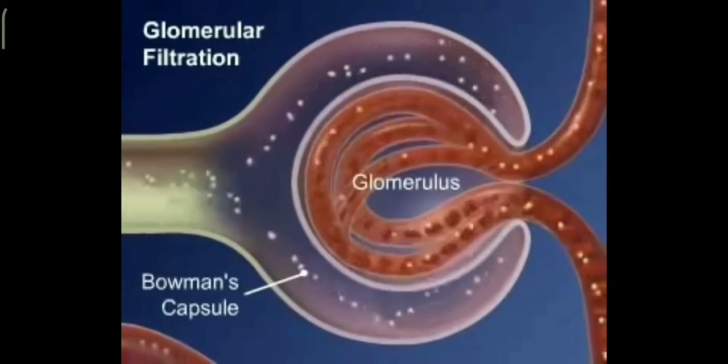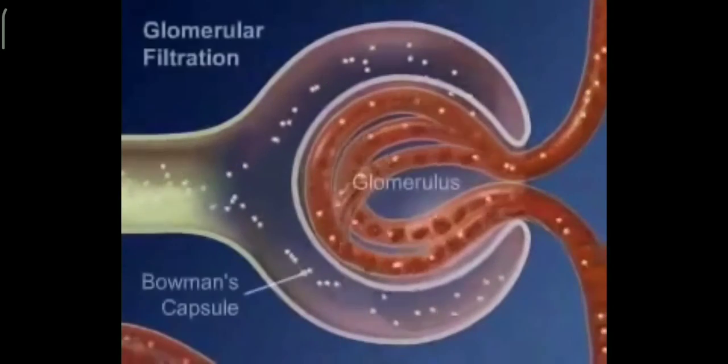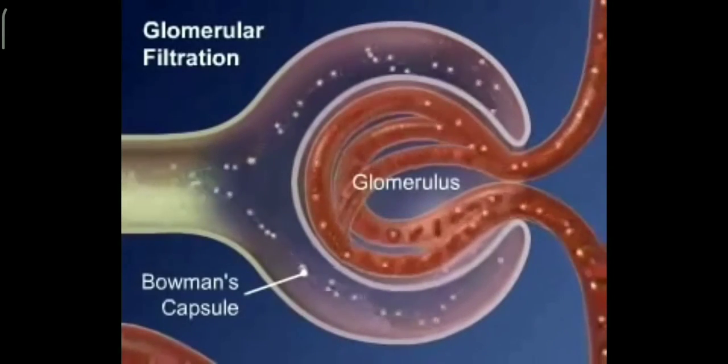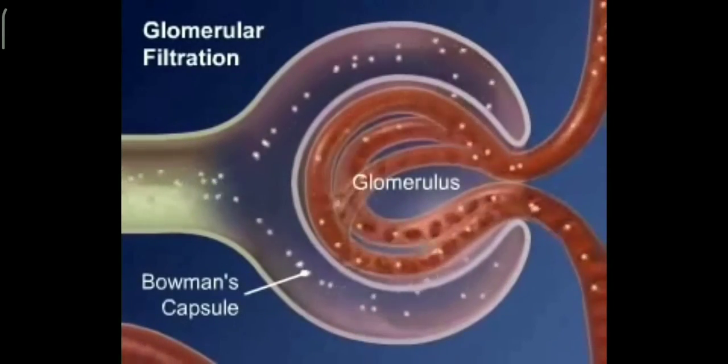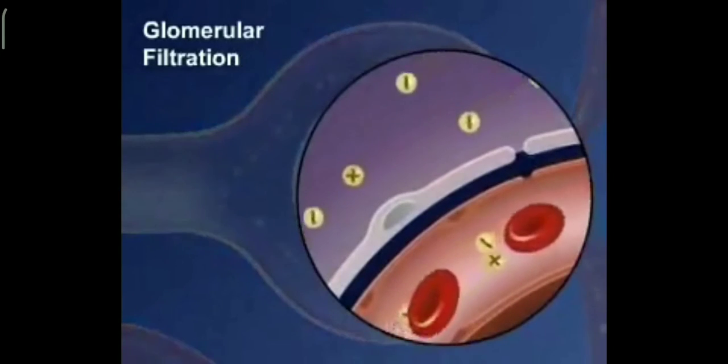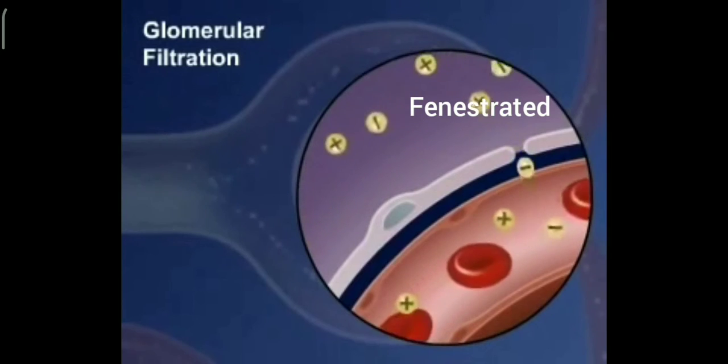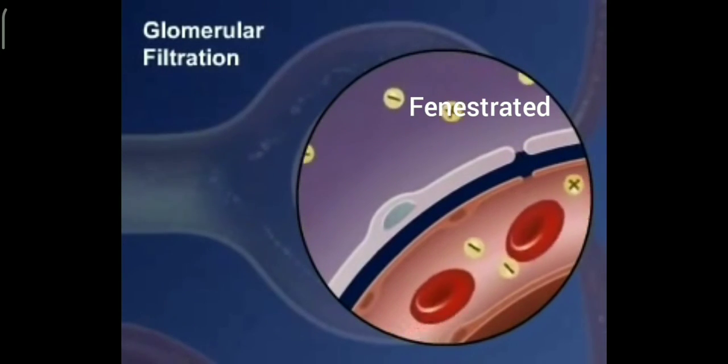Glomerulus is a bunch of fine blood capillaries. It lies in cup-shaped Bowman's capsule. A branch of renal artery called afferent arteriole enters the cup-shaped structure and forms network of several capillaries called glomerulus. Capillary wall is fenestrated, or you can say porous.